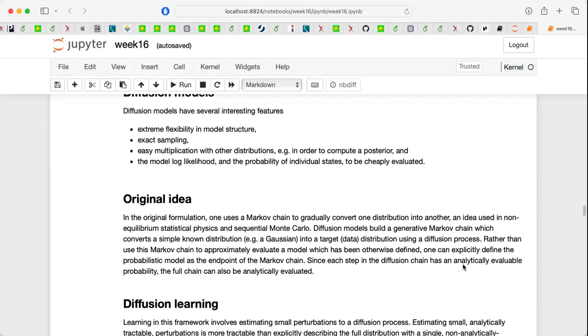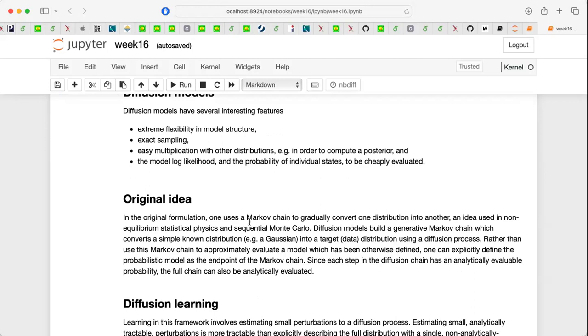So the original idea is actually to use a Markov chain to gradually convert one distribution into another one. And this is an idea which is used in physics, in particular in statistical physics, where one studies processes out of equilibrium.